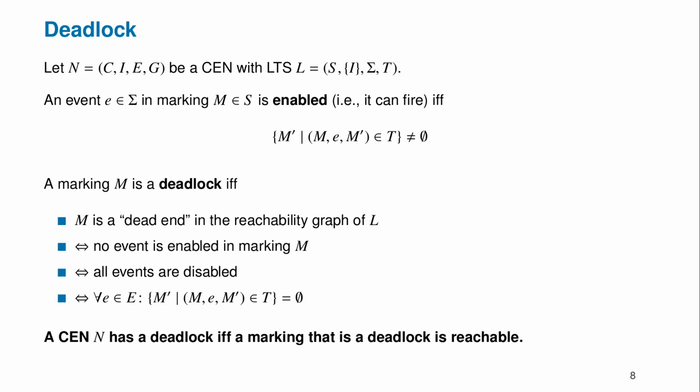Then an event is enabled. And we call a marking M a deadlock if it's a dead end in the LTS, so if we cannot proceed further.